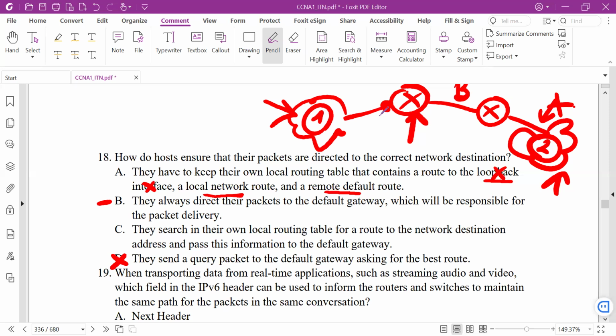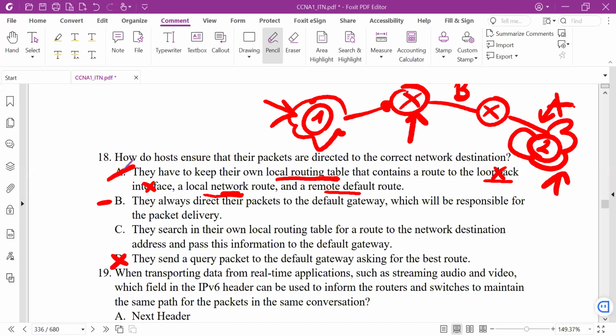Those are the pieces of information that a host requires to send information to remote networks. This one is the closest answer, mainly because of keeping a local routing table with local network routes and remote default routes. The other ones, maybe let's eliminate them.